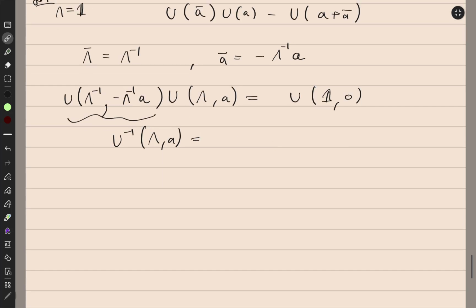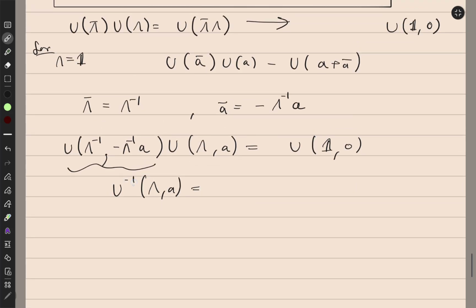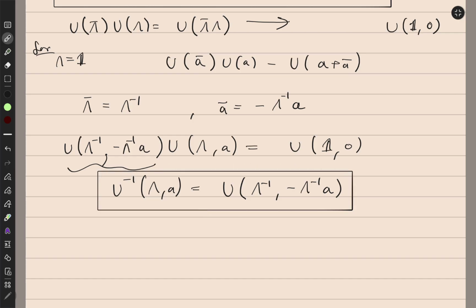So the inverse of a Lorentz transformation unitary matrix is the one corresponding to lambda inverse and space-time translation minus lambda inverse a. So we can also figure that out. Okay.